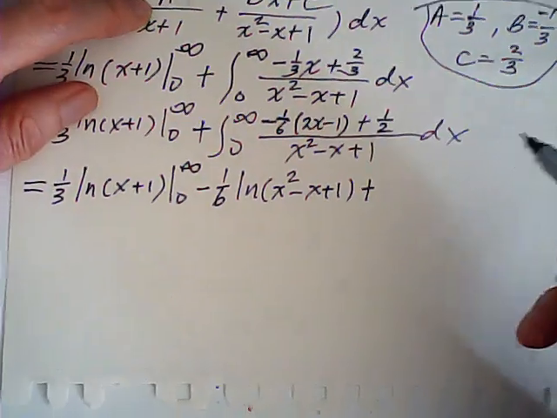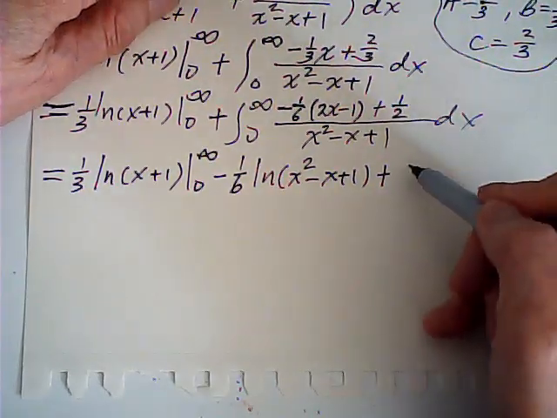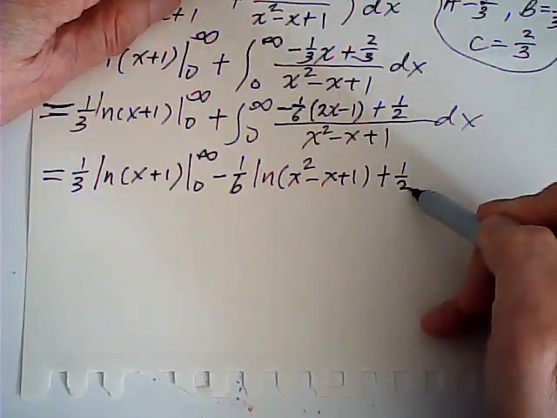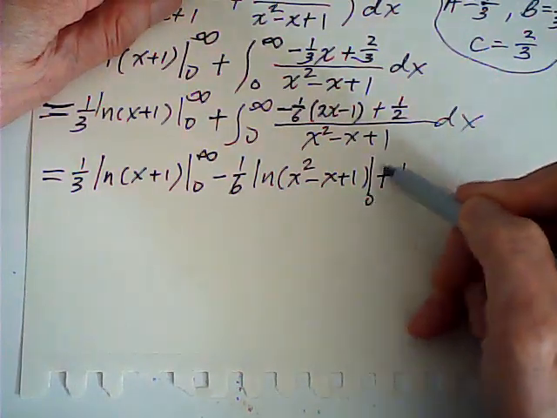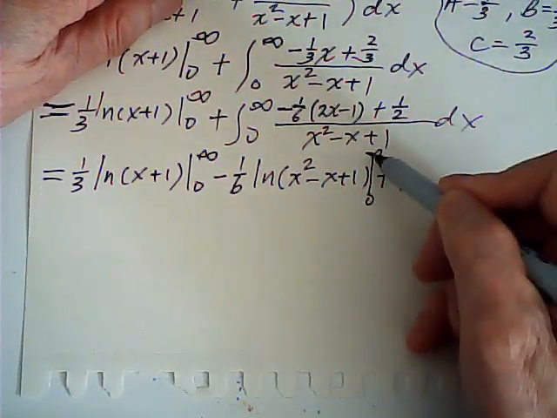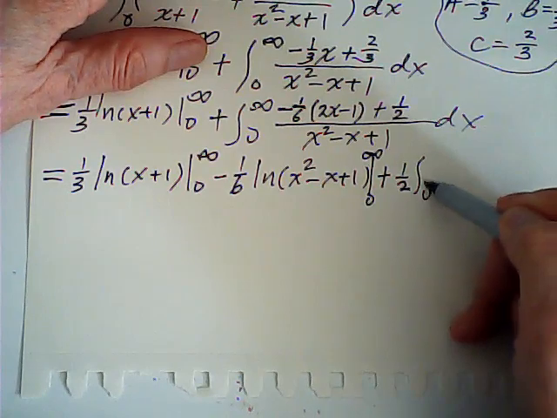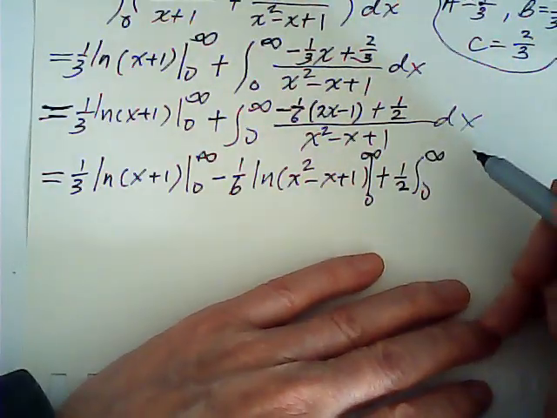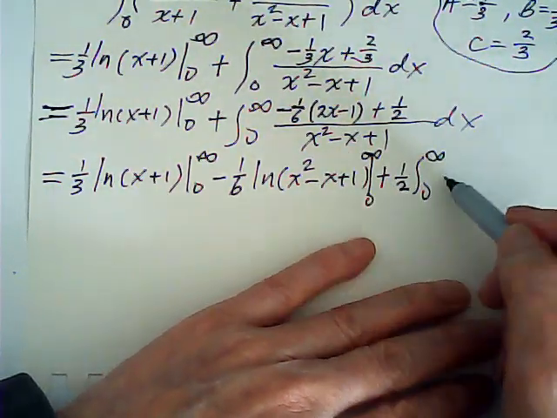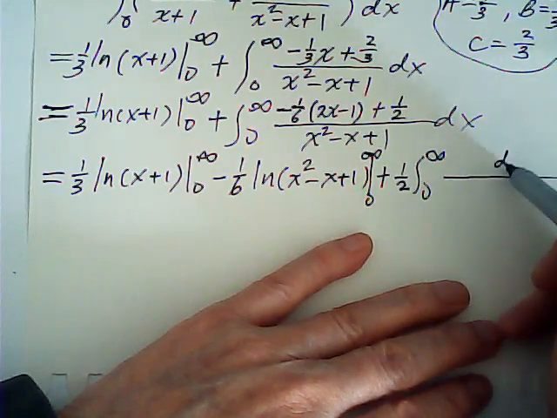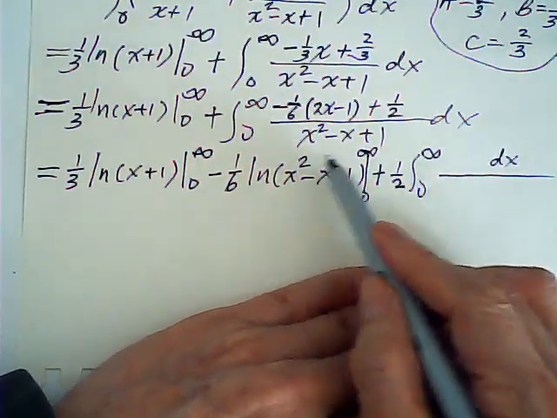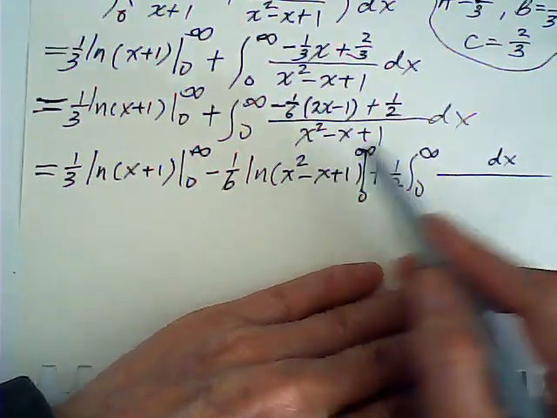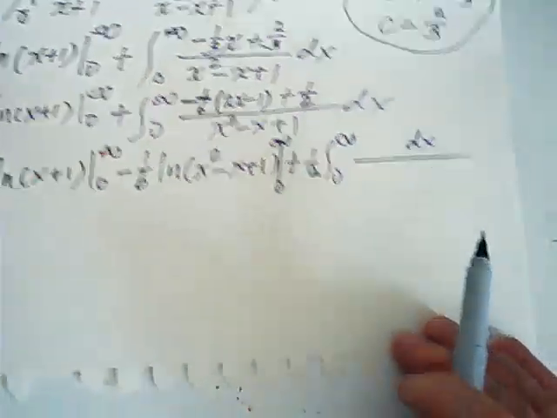Plus 1/2, now this is from 0 to infinity, right? 1/2 integral from 0 to infinity of this dx. Now for this integral, I need to complete the square, right?